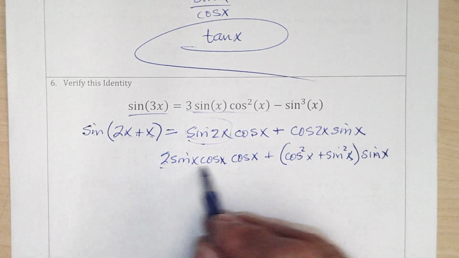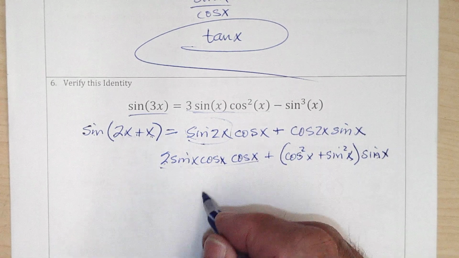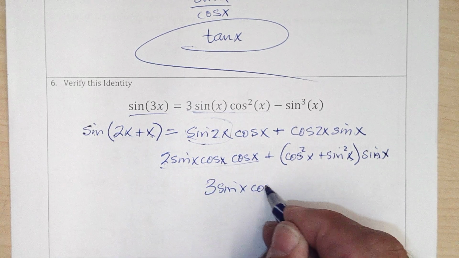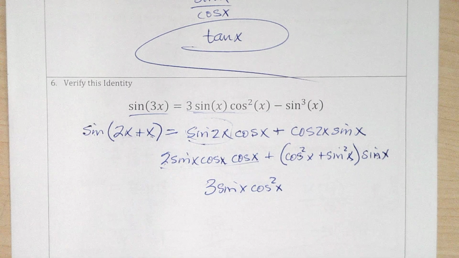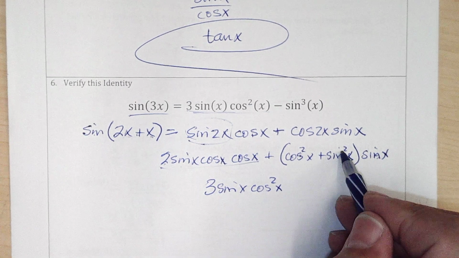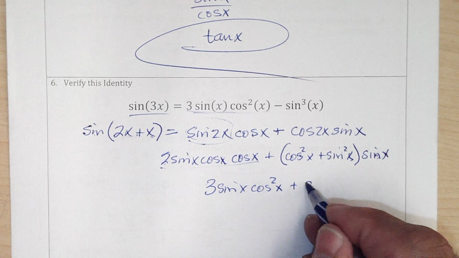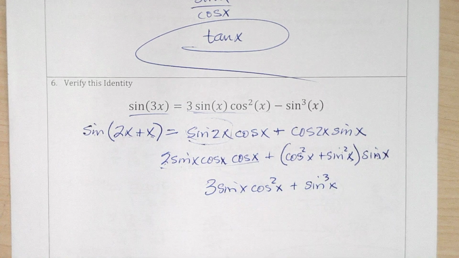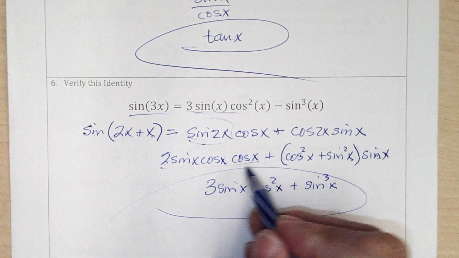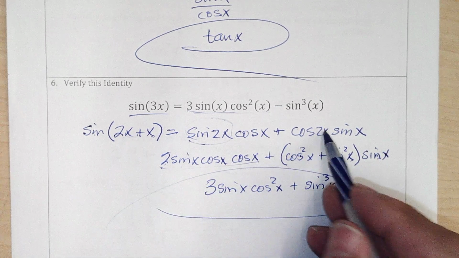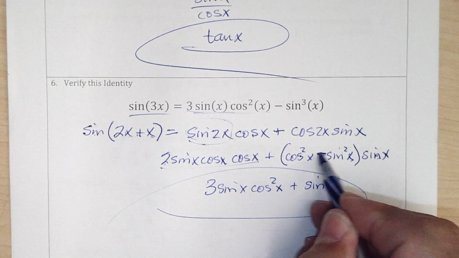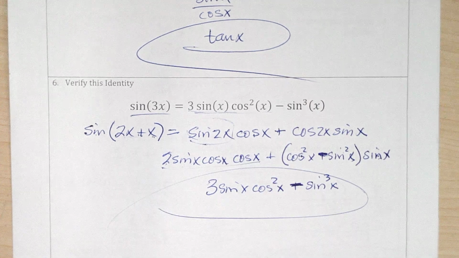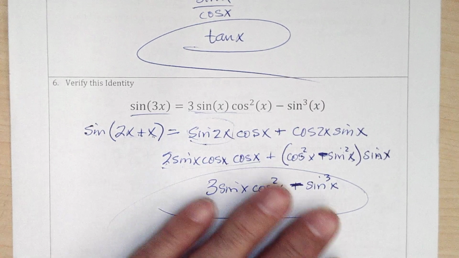So we got 1, 2, 3 of sine x cosine squared x. And then we've got sine x times sine squared, which is sine to the third x. Whoop. And the cosine has a minus in here, so this turns into minus. Sorry, and now it matches. I messed up my sign there.